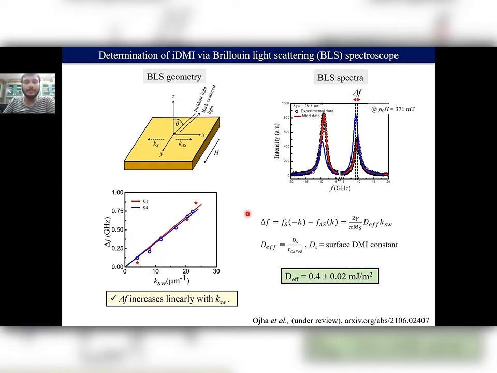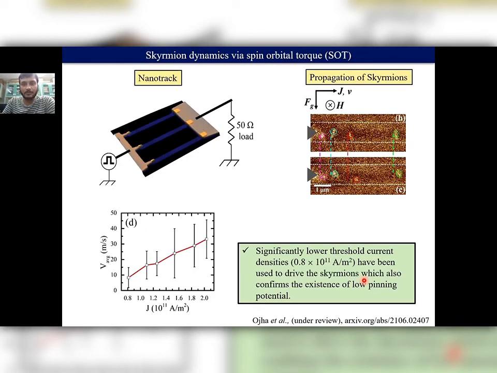After that, we fitted this experimental data with this linear equation for delta F, and from the slope of this fitting, we determined the D effective, which is 0.4 millijoule per meter square, very similar to previous reports.